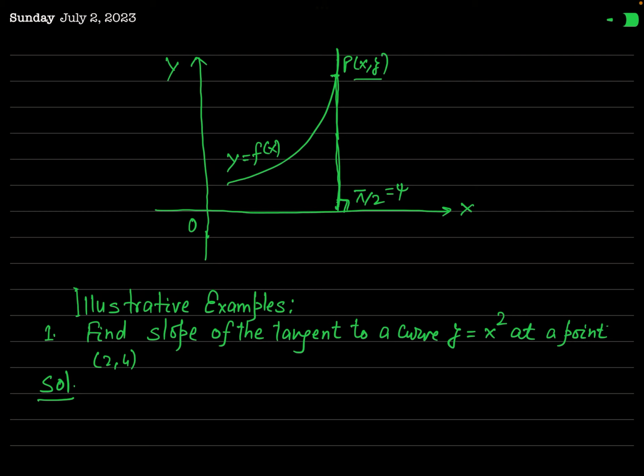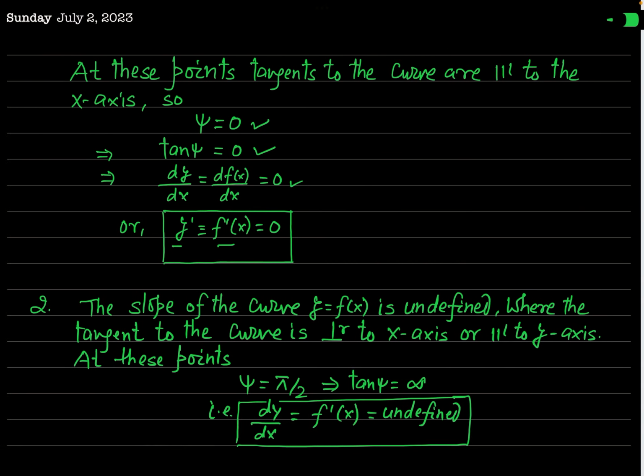So you can say that the inclination of this tangent is 90 degrees, and if it is 90 degrees, what will be the slope? Slope means f dash of x, and that will be equal to tan pi by 2. And this tan pi by 2, you know, is undefined. So you can say that if the tangent to a curve is parallel to the y-axis or perpendicular to the x-axis, then the slope of the curve at that very point will be undefined.